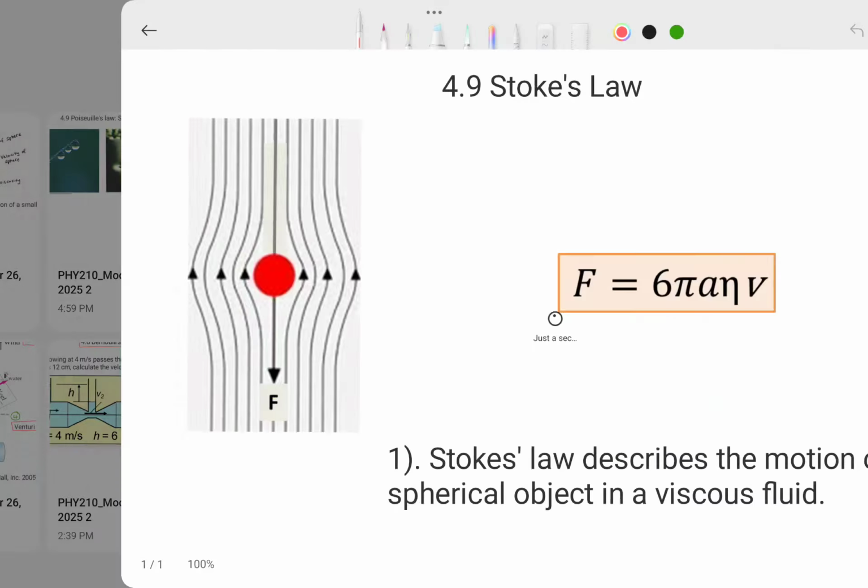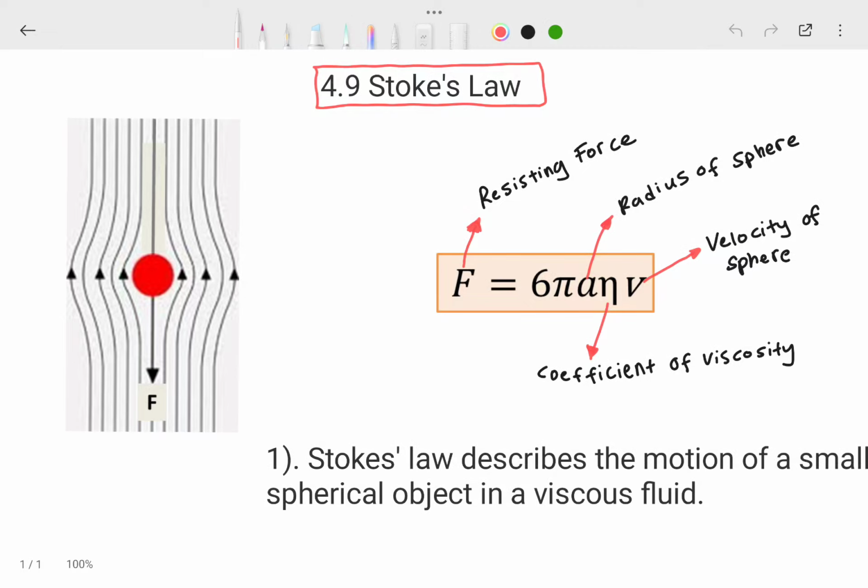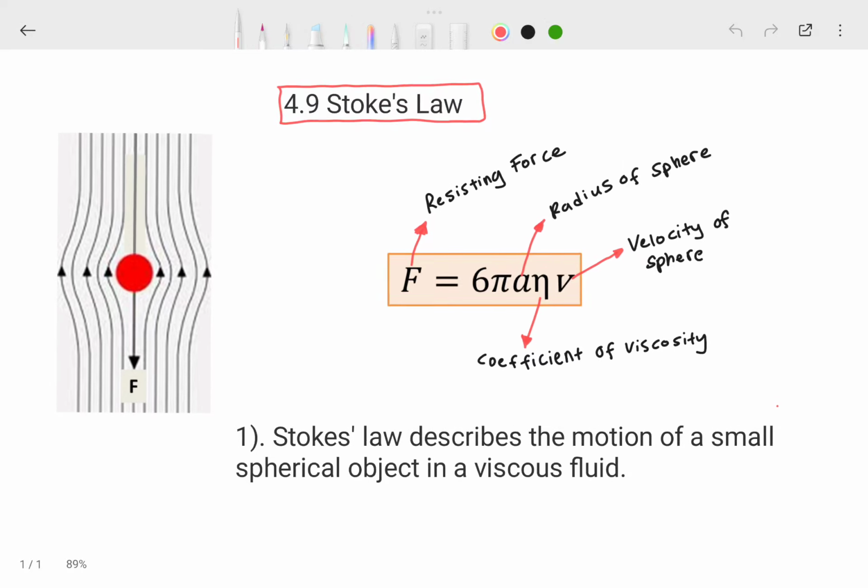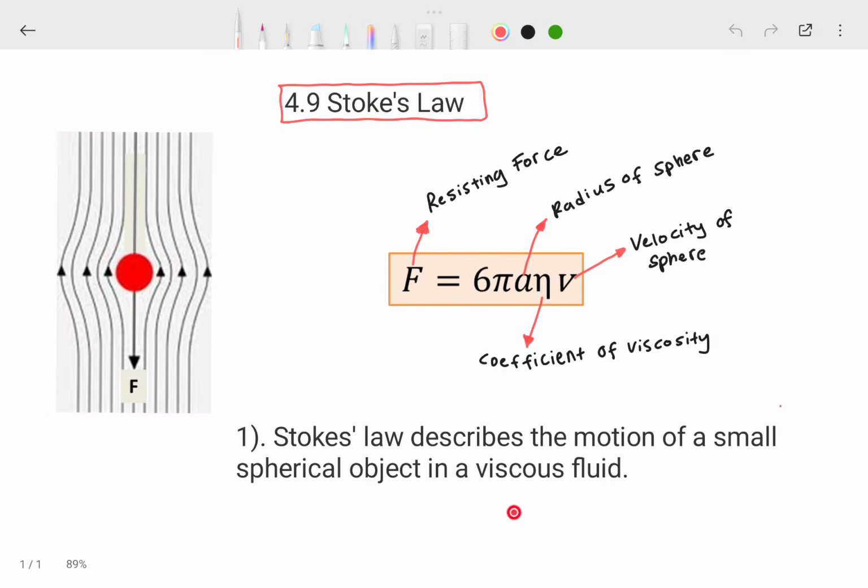And the last slide is Stokes' law. What is meant by Stokes' law? Stokes' law describes the motion of a small spherical object in a viscous fluid.